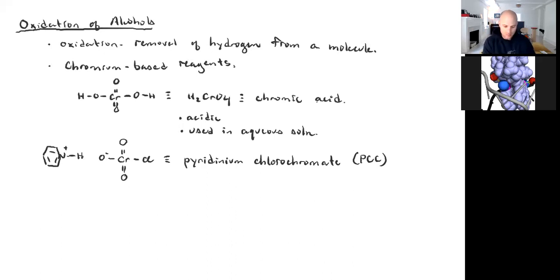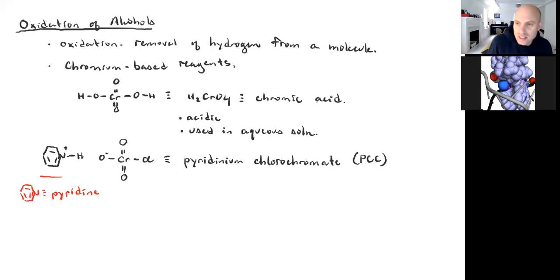So this ring on the left is a six-membered ring with the nitrogen, called a pyridine. And because it's protonated, it's a pyridinium. It's an inexpensive common base in organic chemistry. And basically you can see that this is a salt. And so you get the pyridinium cation and then the chromate anion, okay?